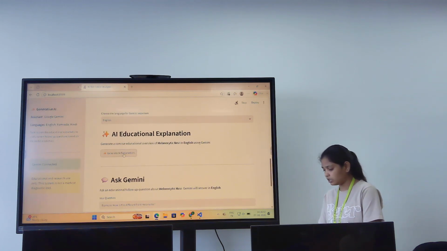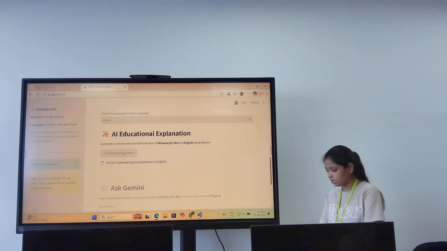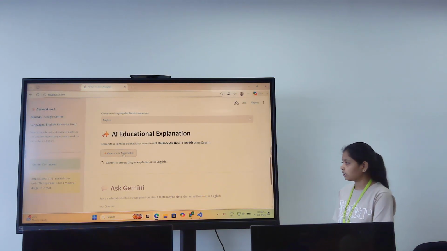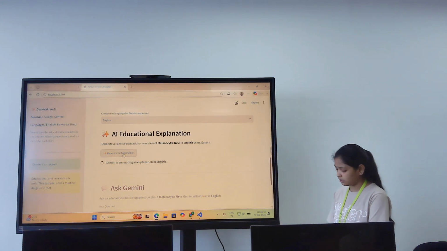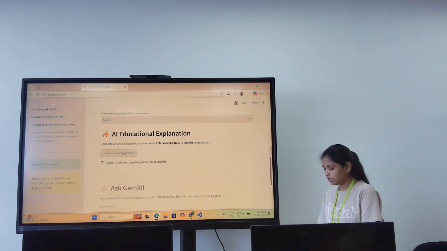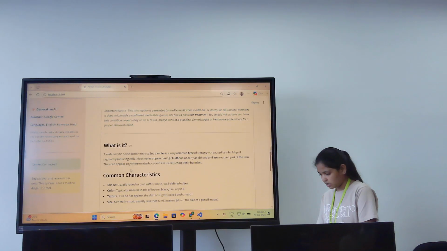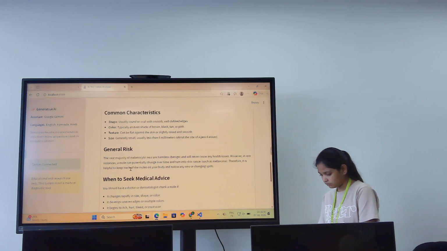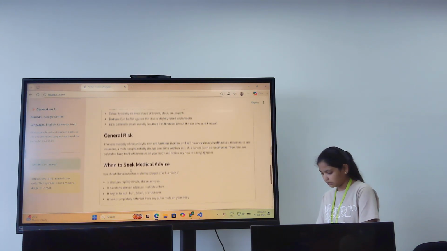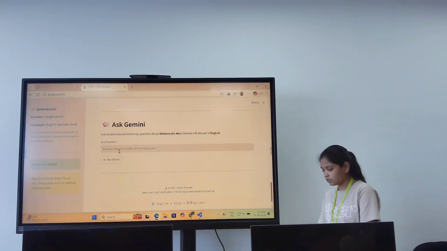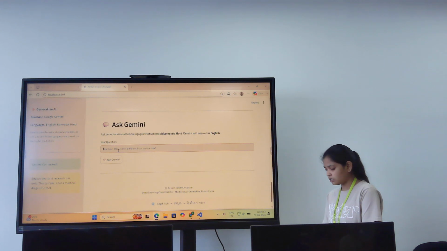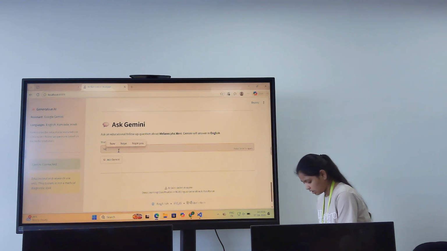This gives the generative AI explanation. Gemini explains the disease in understandable language. If we want to ask any questions, we can use Gemini, like how it is different from another disease.